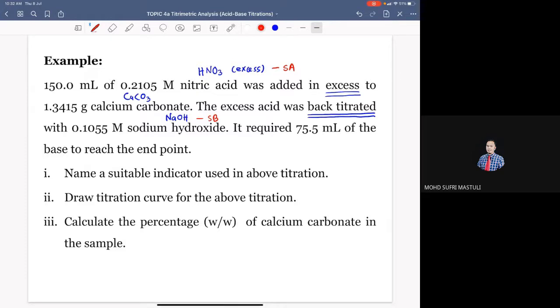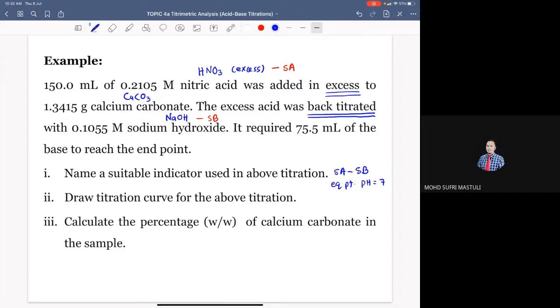All right. So the first question is name the suitable indicator used in above titration. Since this one is titration between strong acid with strong base, the equivalent point pH is 7.